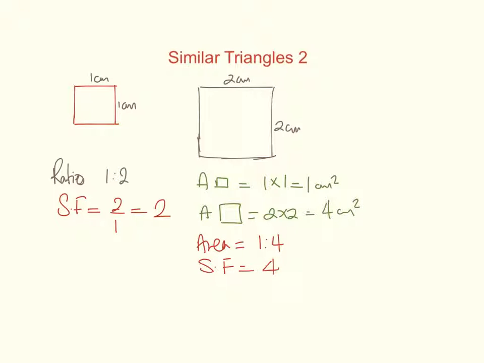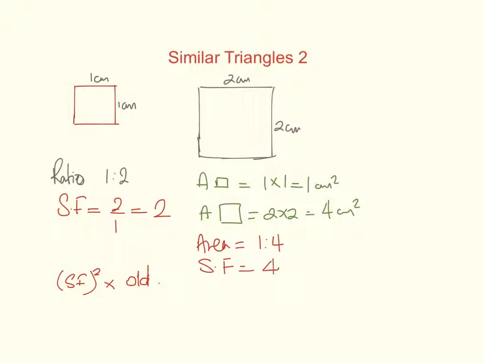If you ever want to find out what the area of the bigger shape is, so long as you know what the scale factor is, you square the scale factor. So I'm going to write scale factor square, and then you multiply that by your old area, or the smaller shape's old area, to get the area of your bigger shape.